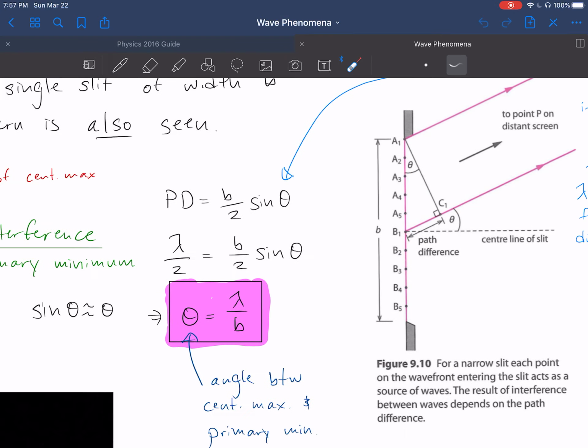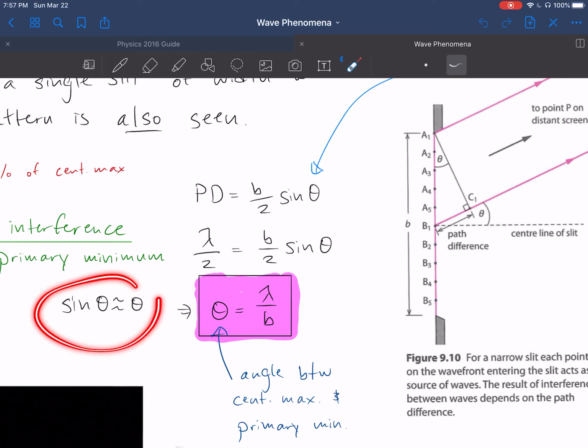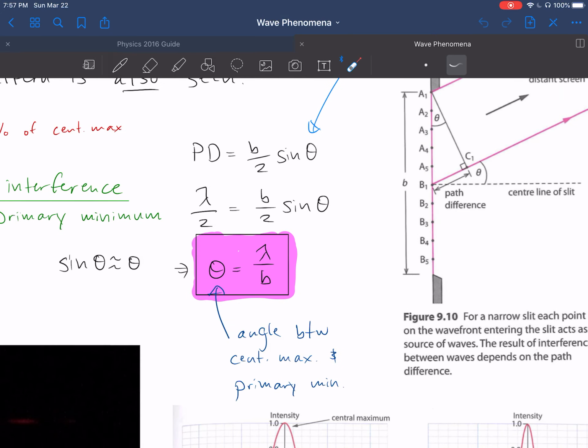But we also make use of the fact that sine theta is about theta for small angles. This is the small angle approximation. It also means that theta is now in radians, has to be in radians. And that gives us our fundamental relationship between the angle between the central maximum and the primary minimum, and the wavelength and the slit width.